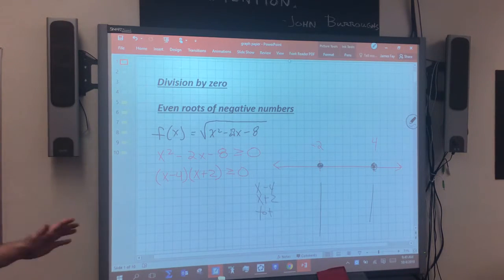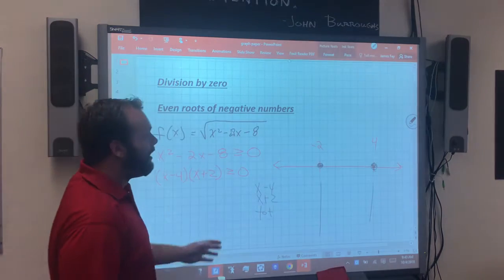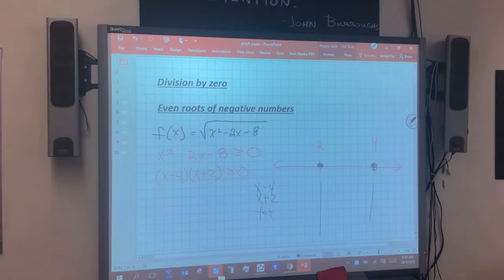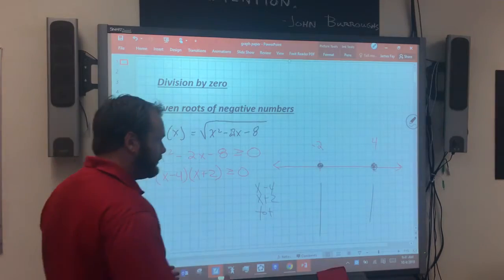So I plug in values over here that are left of -2. I like to choose just absurd values. -100 million. Remove 4 from that, or add 2 to that, you still have something really, really negative.